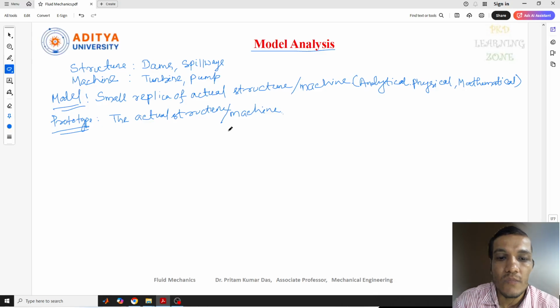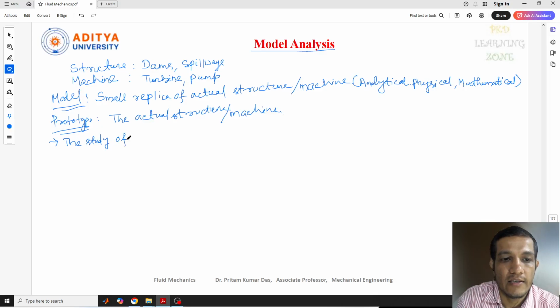Similarly, one more point you can define here: the study of models, what is model analysis?